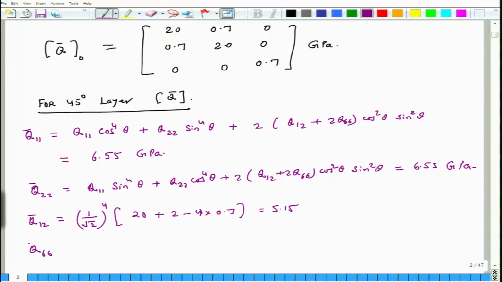Q66 bar is 1 over square root of 2 to the power of 4 times (20 plus 2 minus 2 into 0.7 minus 2 into 0.7). So, this is also 5.15.